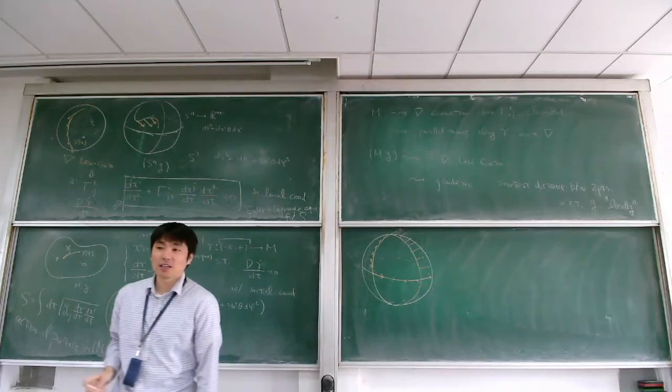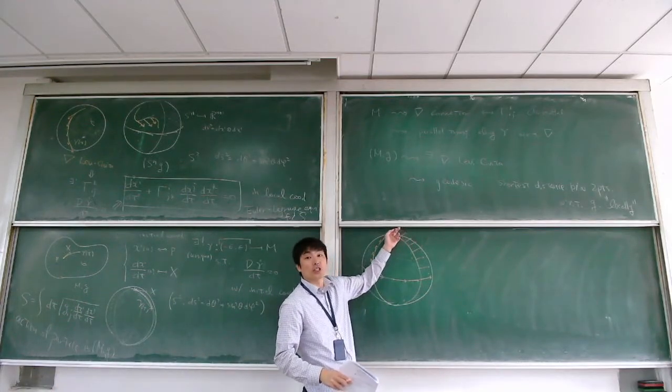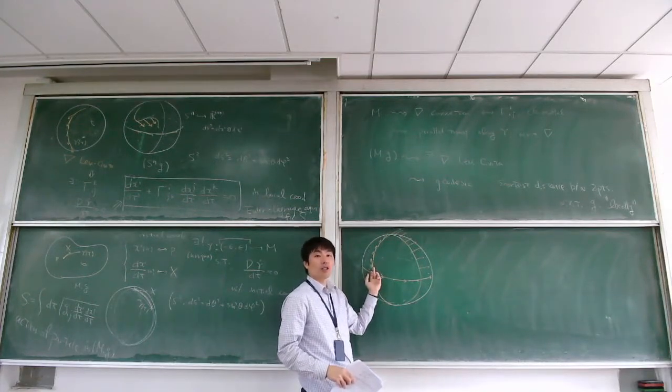If you do the parallel transport along this triangle on the sphere, at the end of the day, you don't come back to the original one. Okay?